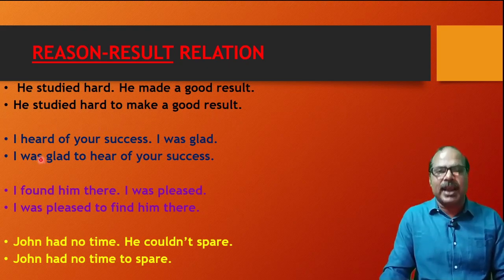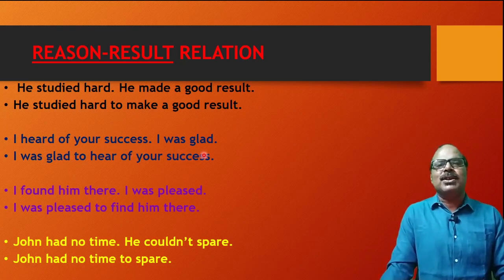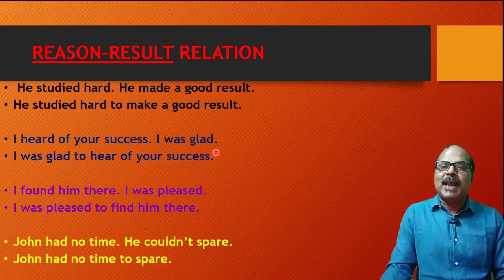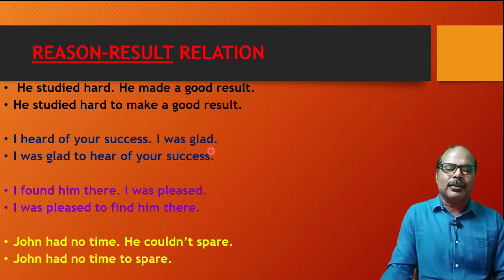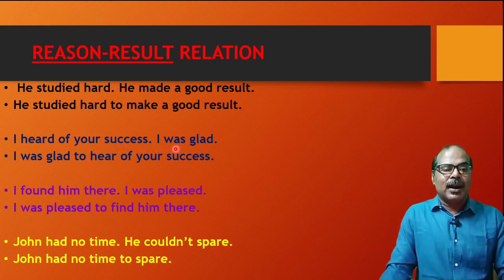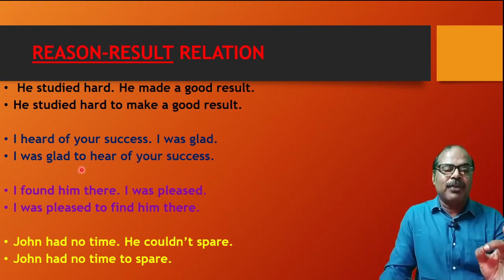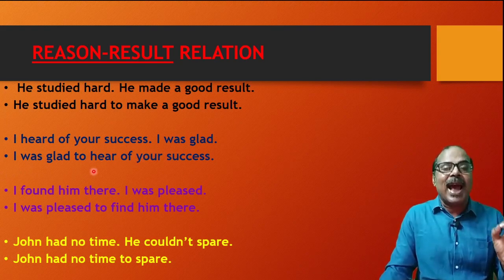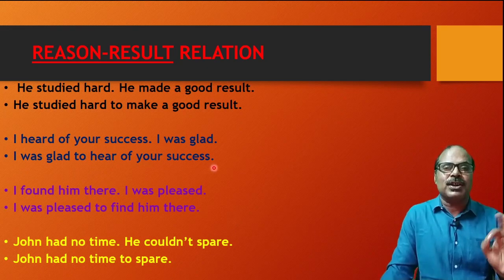Again, second example, I heard of your success. I was glad. I was glad, it is the result. What is the reason? I heard of your success. Now you see, reason সেখানে আমি ইনফিনিটিভ ইউজ করছি। I was glad to hear of your success.